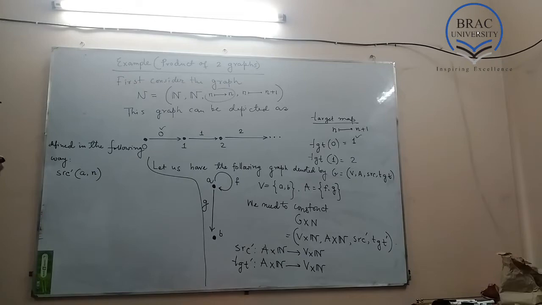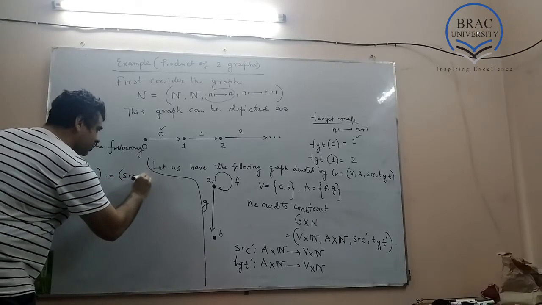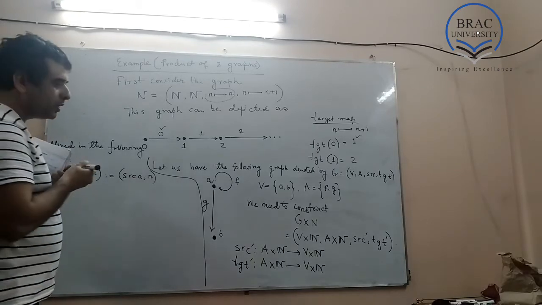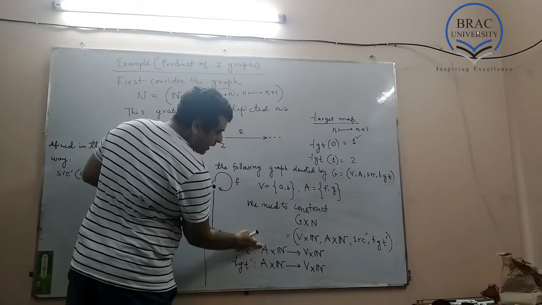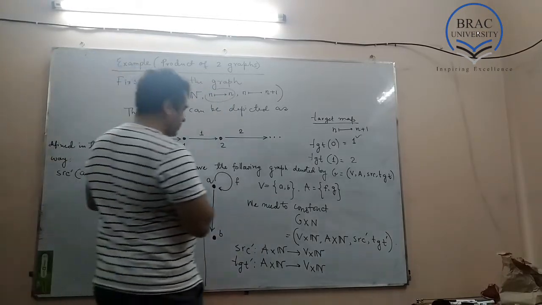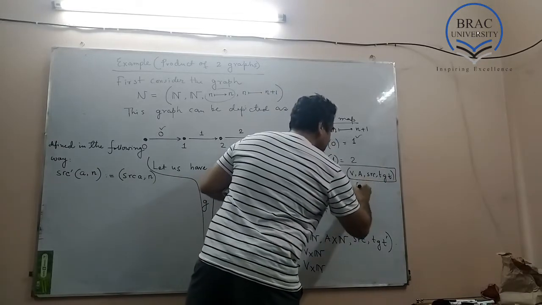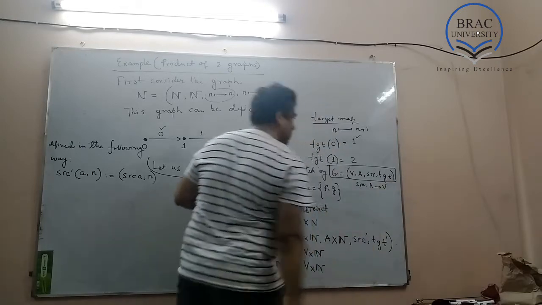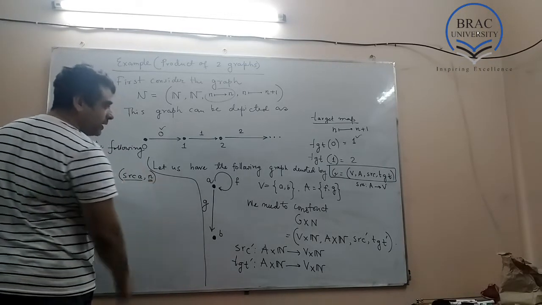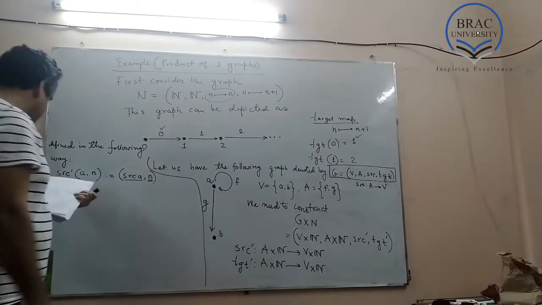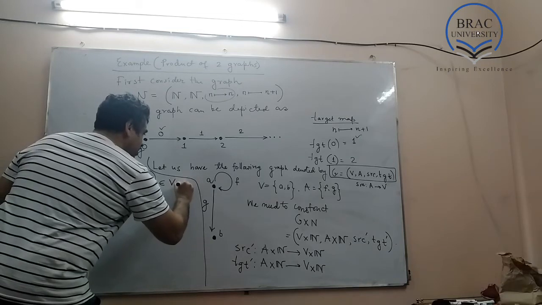It's going to spit out an element of V cross N, which we define by SRC(a), n. Because SRC(a) is an element of V, of course, because small a is an element of this capital A. So under the action of the source map of this graph, this SRC is a map from A to V. So this is going to be in V, and this is going to be in N. All right. So it is easy to see that this is an element of V cross bold-faced N.